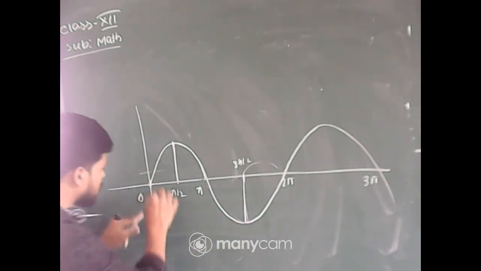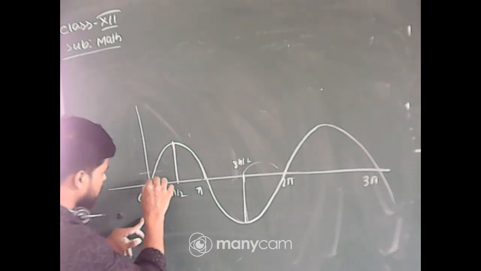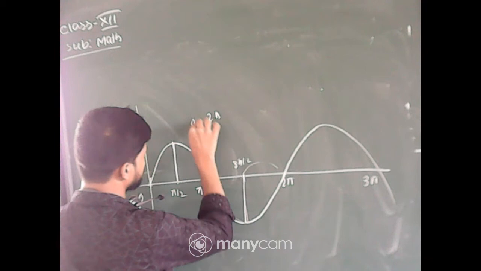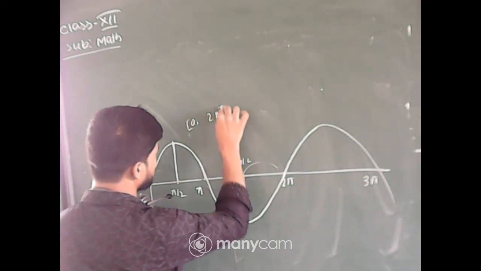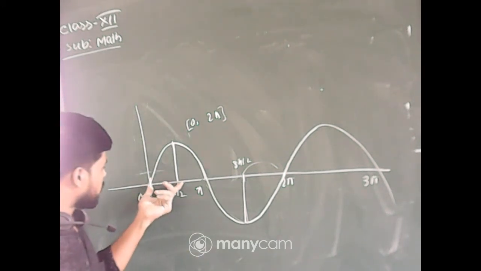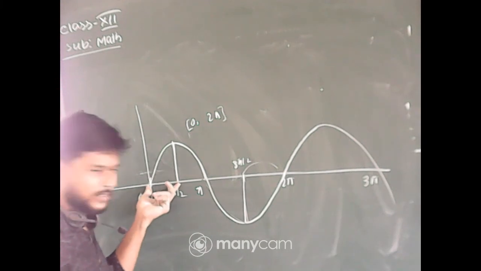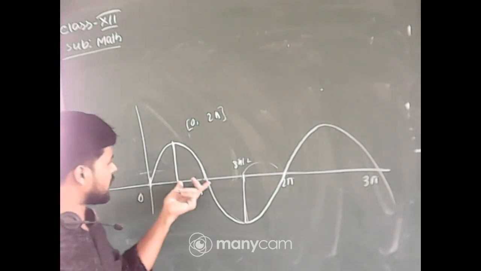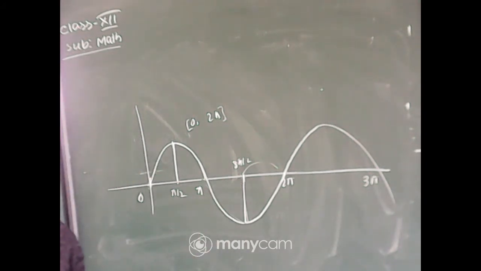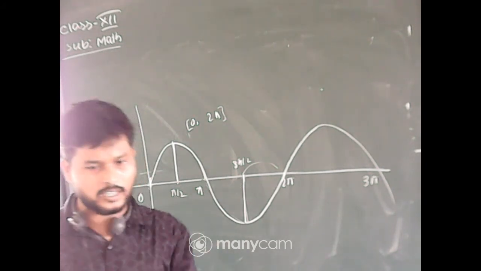But if we consider 0 to 2 pi, can you say that the function is an increasing function or a decreasing function? If a function is increasing on one sub-interval and decreasing on another sub-interval, then the function is called neither increasing nor decreasing.